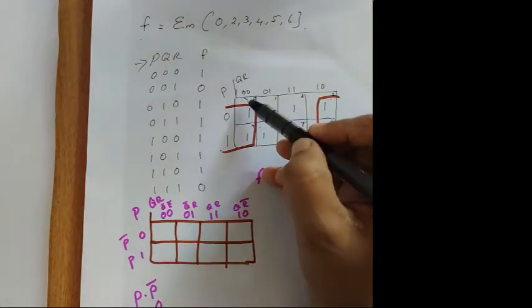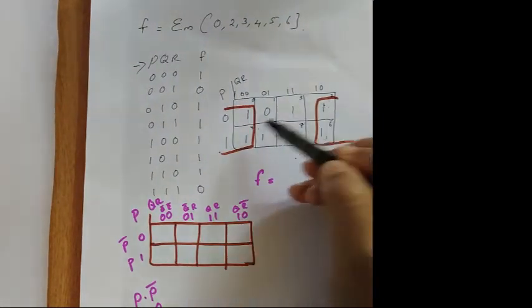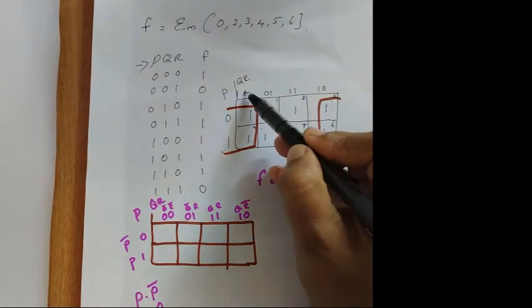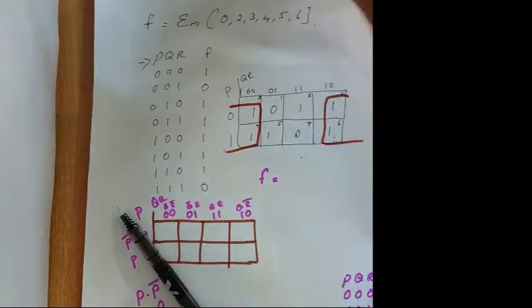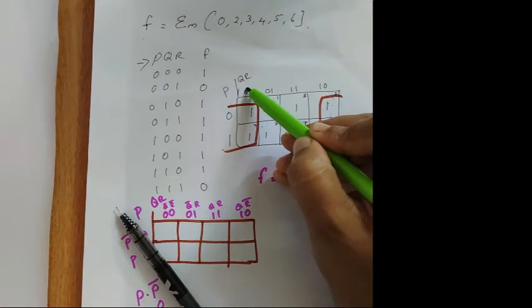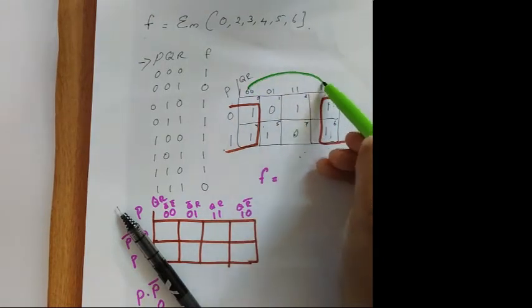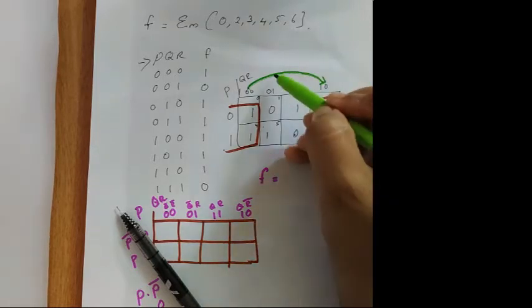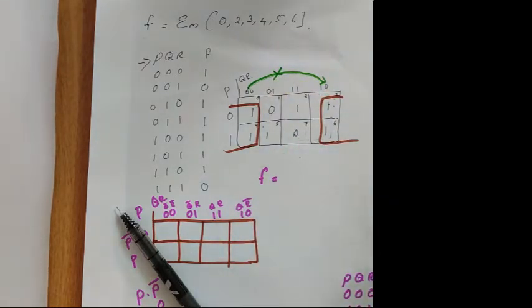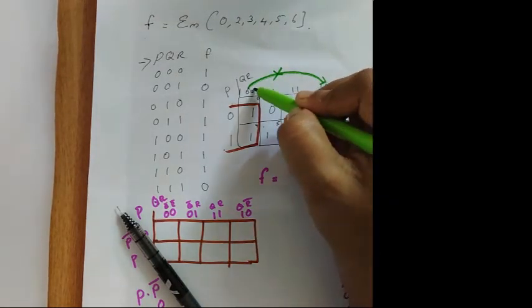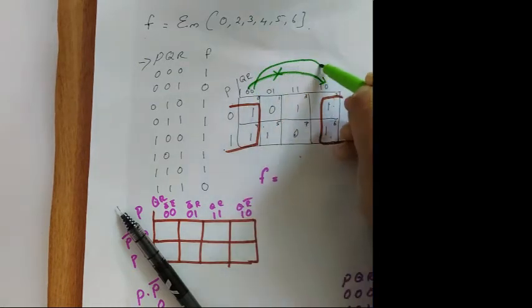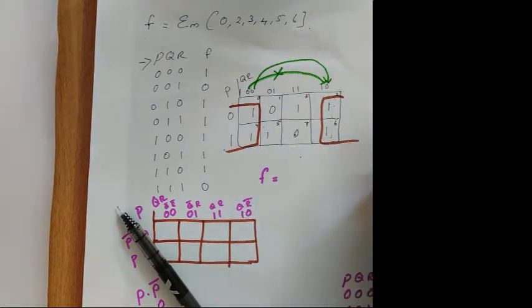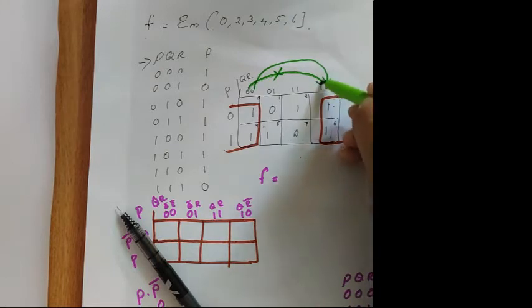Now we are checking for these 2, Q and R. It is given that Q is switching from 0 to 1. If there is a switching position, you should not consider that. So you are not able to take that. What happens to R? R is switching from 0 to 0.